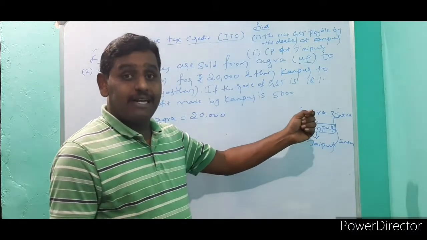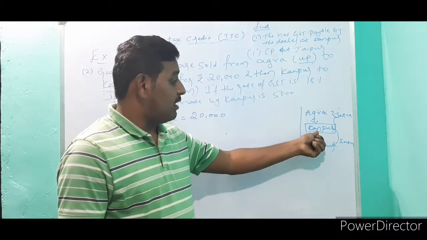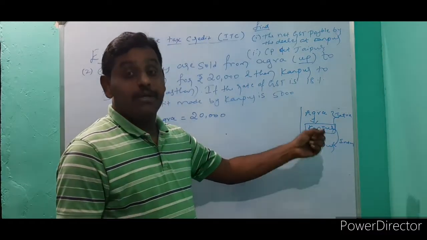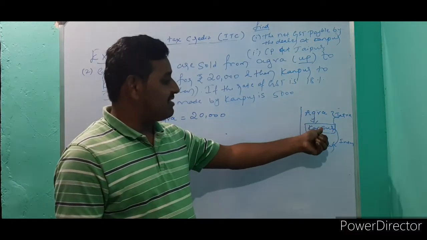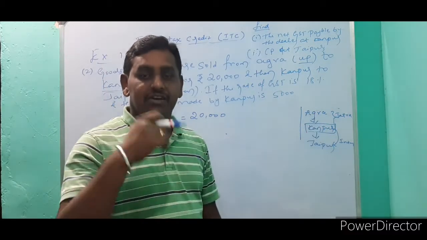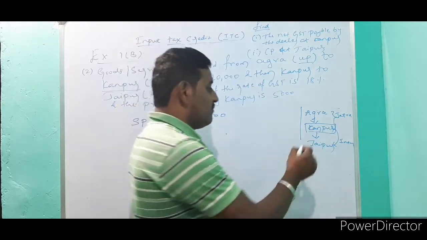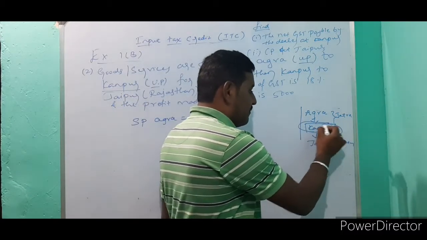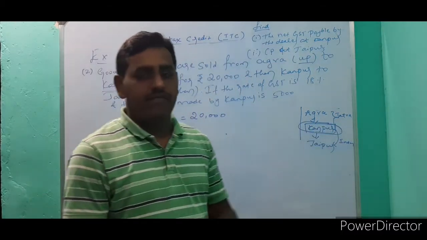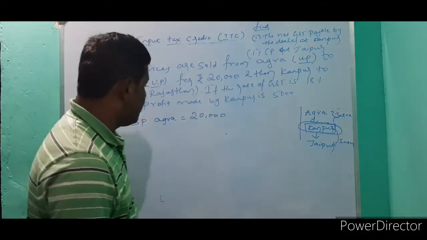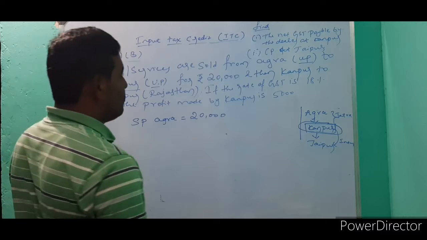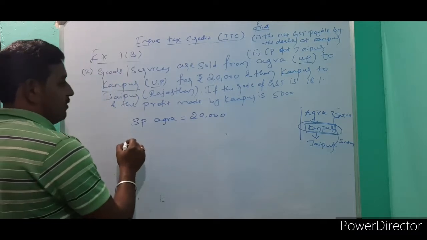Input tax means Agra sells to Kanpur, that is the input tax of Kanpur. So to find the net GST of Kanpur, first we have to find the input tax of Kanpur.